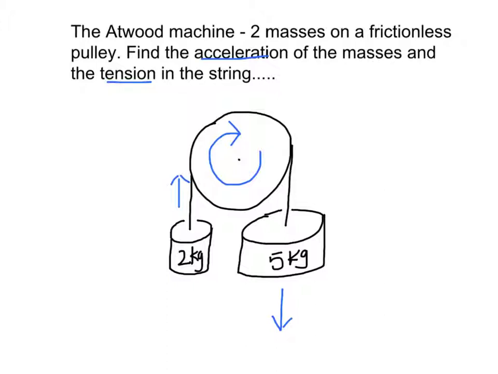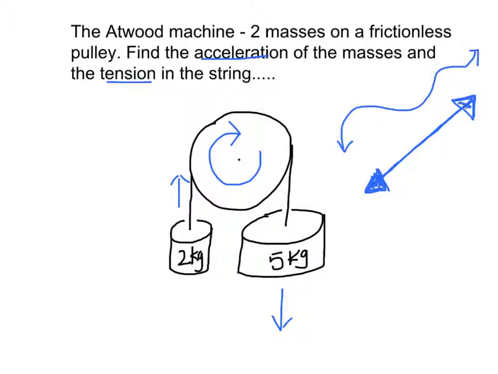Okay, but the thing about a string, first of all, if you have a string and it looks like this, there's no force in the string. Once the string is taut, meaning being pulled from both ends, it'll be straight, and the way something like this works is the force in one direction will be equal and opposite to the force in the other direction.